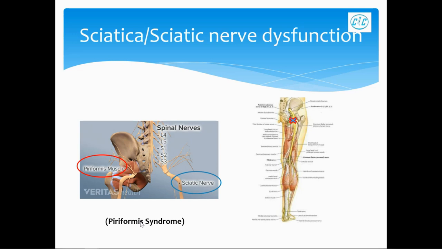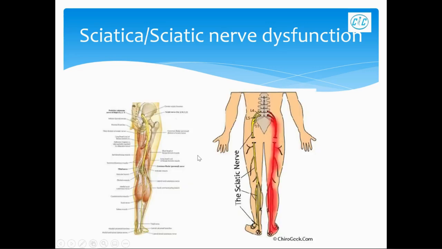All of those can cause this piriformis muscle to become tightened, shortened, weakened, and spastic, and all of those issues with the piriformis muscle can cause irritation to the sciatic nerve.